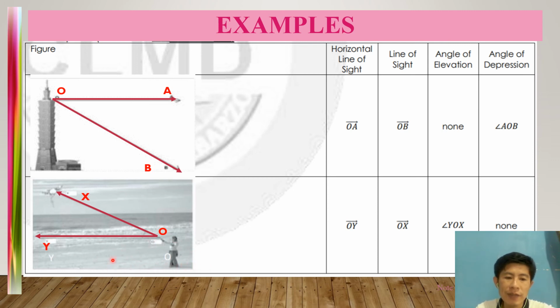Okay, dito naman sa figure number 2, kung mapapansin mo, meron ditong bata or tao, tapos automatic, nandito yung mata niya, eyes. Kung mapapansin nyo din sa angle, yung vertex ay nandito. So, ito yung magiging eye ng tao. Tapos, nakatingin siya dun sa kite. Okay, nagpapalipad siya ng saranggola. So, yung kite, yung object na tinitingnan niya.